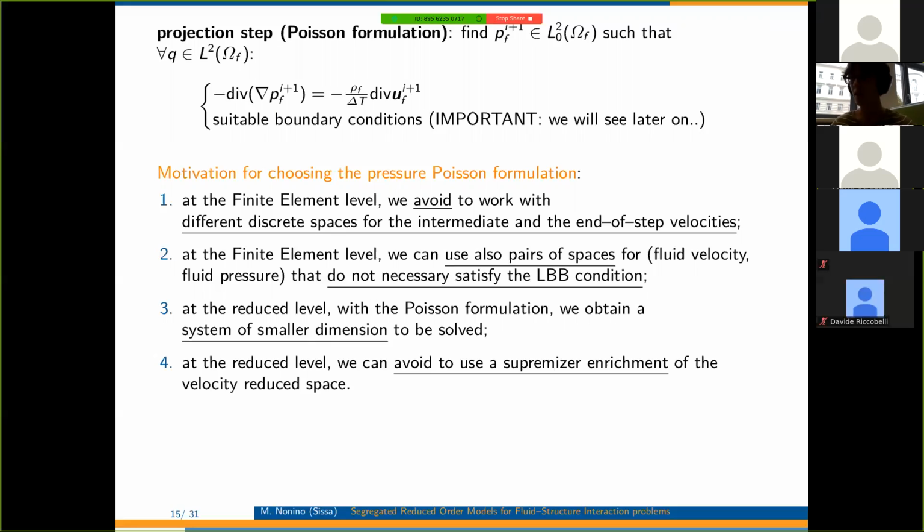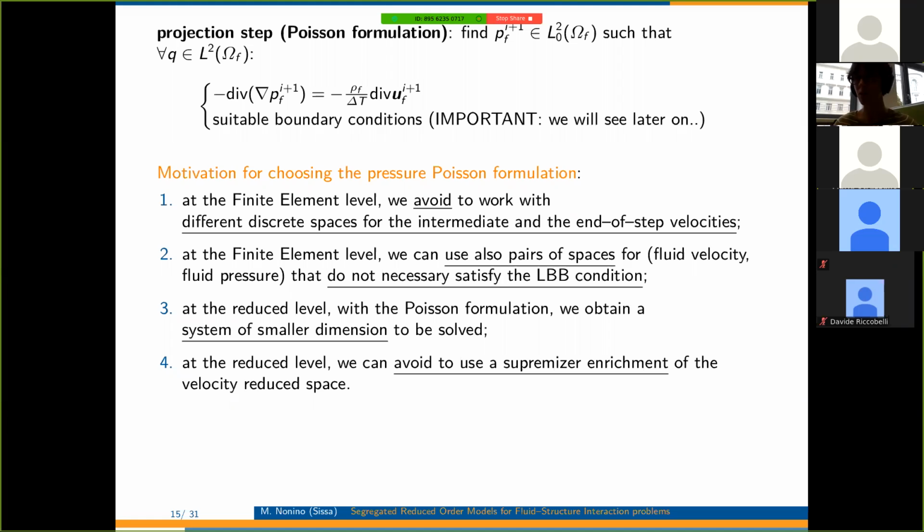So are you asking me why I chose to use the Chorin-Temam projection scheme? The reason for me was that I was interested in seeing the effect it had in the online phase of the method.